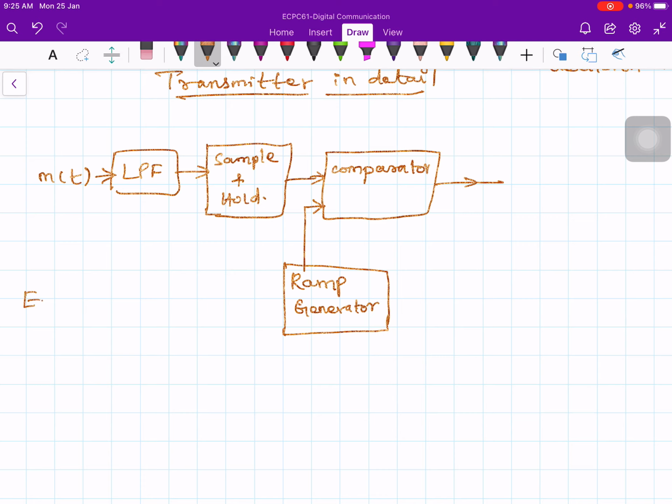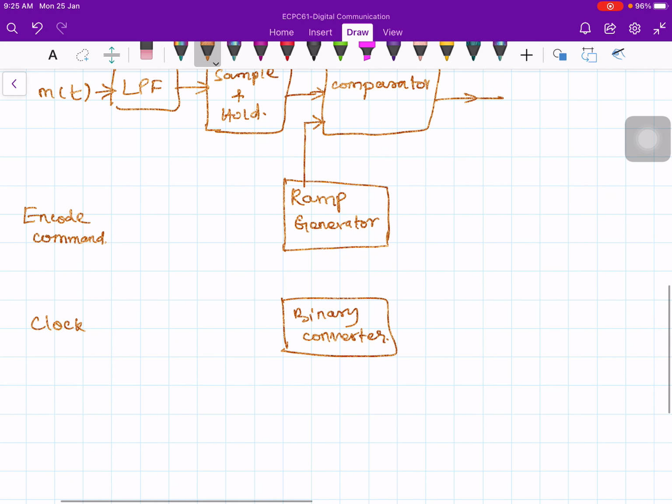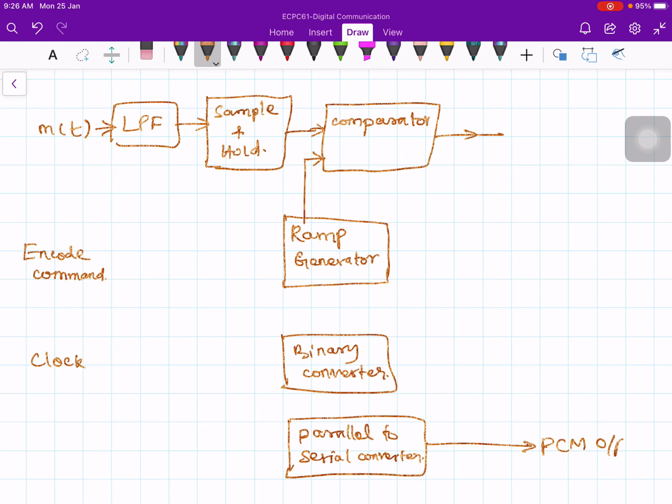Here you have the encode command, and then you have clock, binary counter, and then parallel to serial converter. That's it. And this is the PCM output.